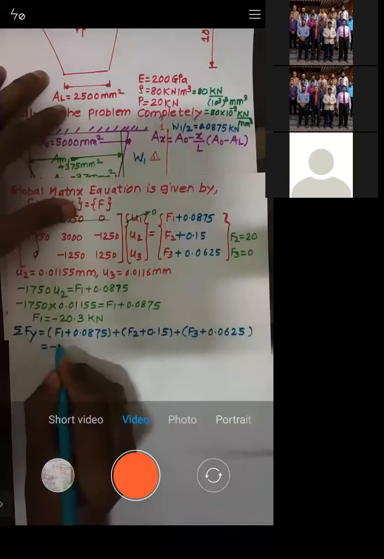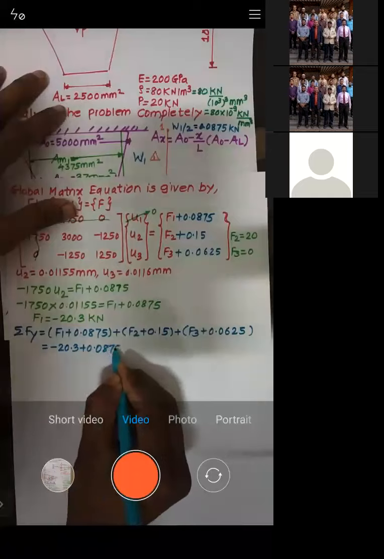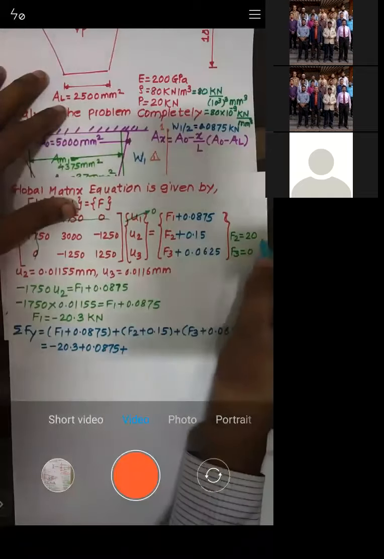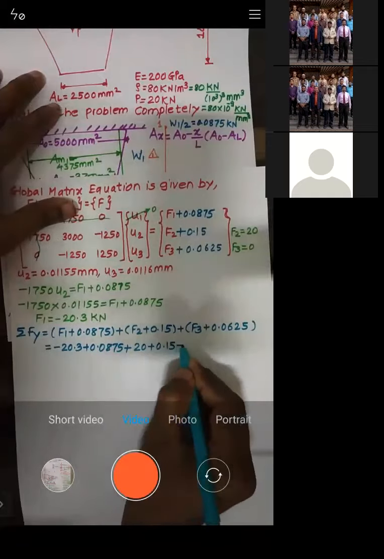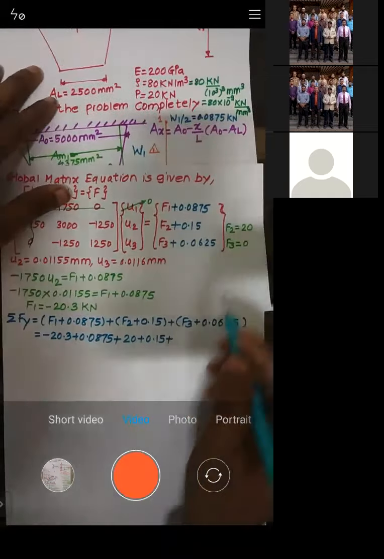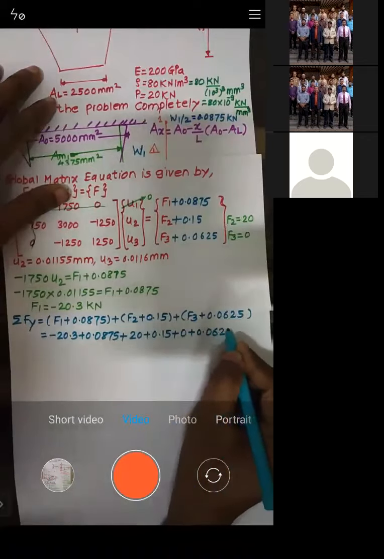So now let's put the values. F1 we are getting as -20.3, plus 0.0875, plus F2. F2 is 20, so 20 plus 0.15, plus F3 is 0, so 0 plus 0.0625. Right?